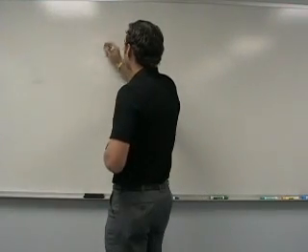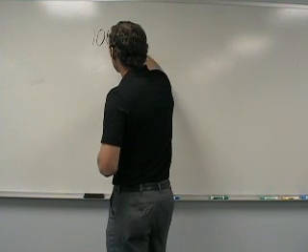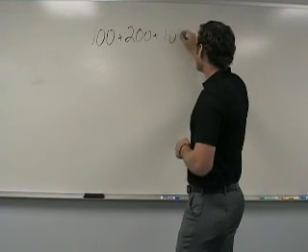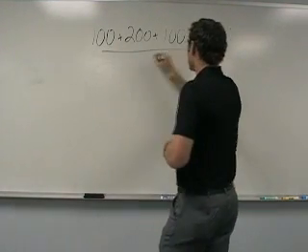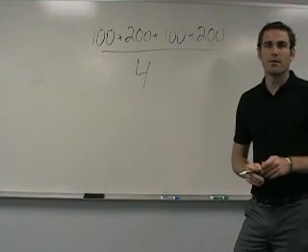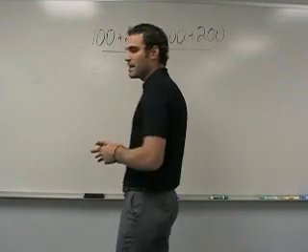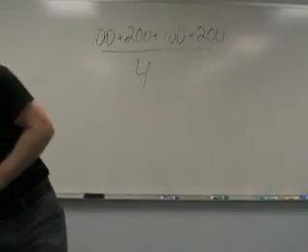For instance, 100 plus 200 plus 100 plus 200 divided by 4. That's the same formula that's given in your book on page 97.